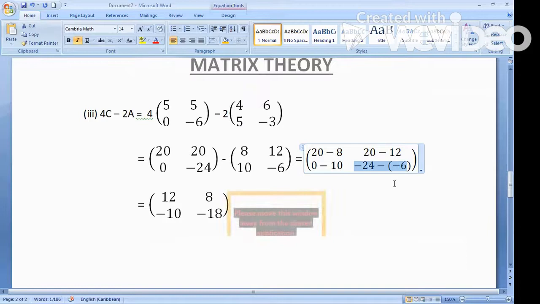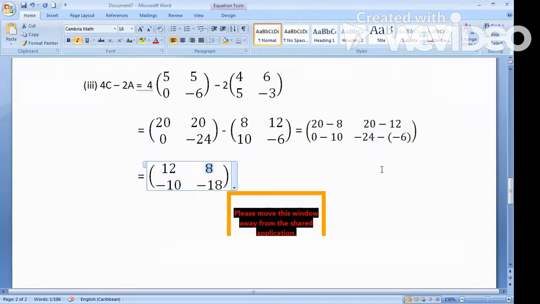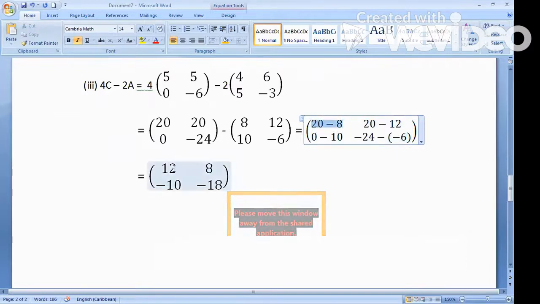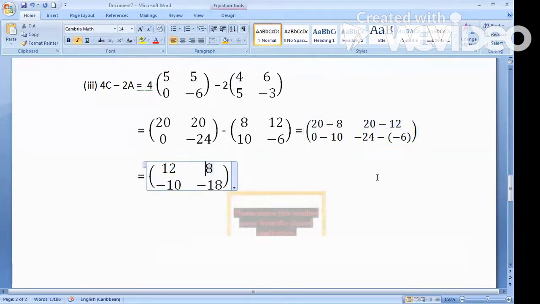So I was asking the 8, 12, 10, negative 6 is from where? Oh, you mean where did it come from? It came from right here. This is 8 from 20 to give you 12. And this is 12 from 20 to give you what? 8. You get it?